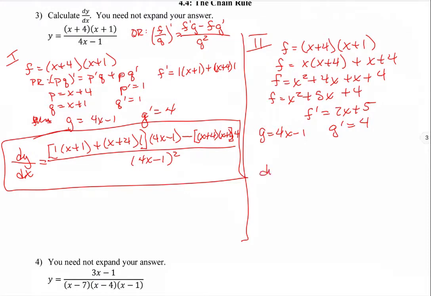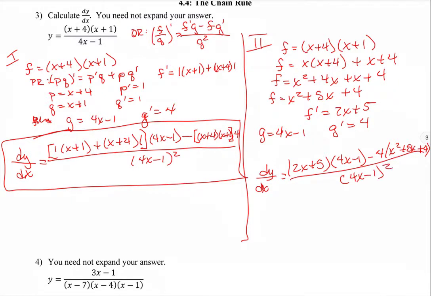So then I get dy/dx equals 2x plus 5 times 4x minus 1 minus 4 times x squared plus 5x plus 4, all over 4x minus 1 squared. Either one of these answers is a perfectly good answer, and I would accept either one.